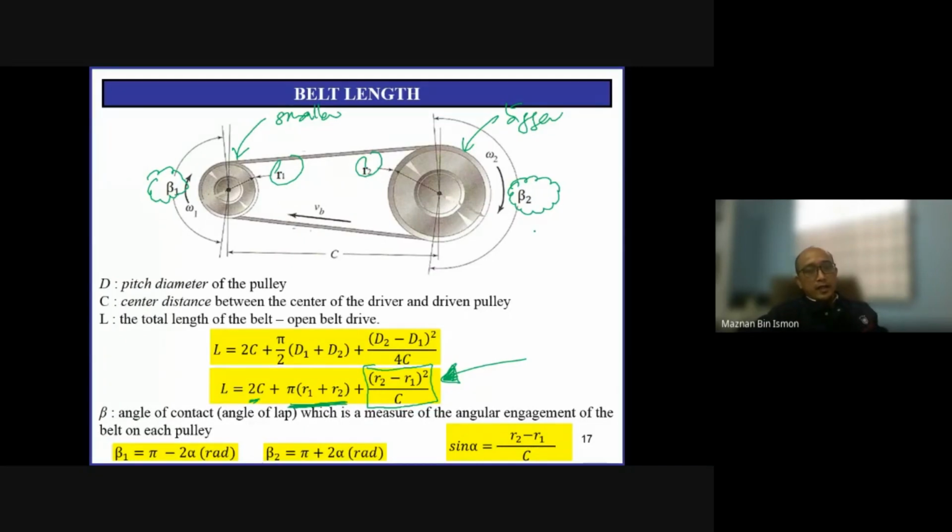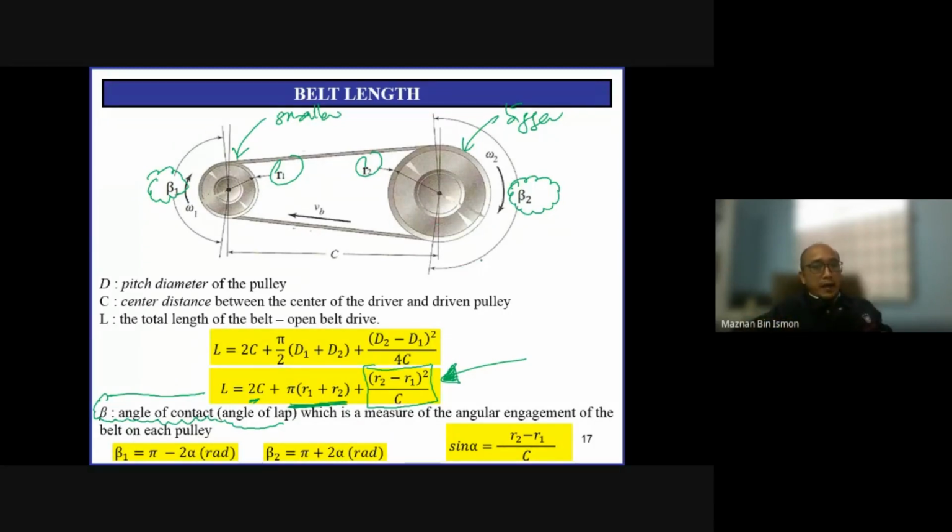This one we call the angle of contact. Okay? Angle of contact, this one. Or angle of lap. It means the belt that is in contact with the pulley surface.